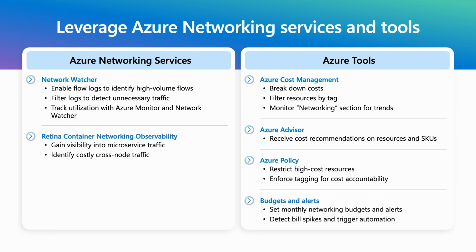You can also achieve governance with Azure Policy and tags. Azure Policy can restrict high-cost resources and enforce cost-efficient network configurations. Use tagging for cost accountability and governance across teams and projects.